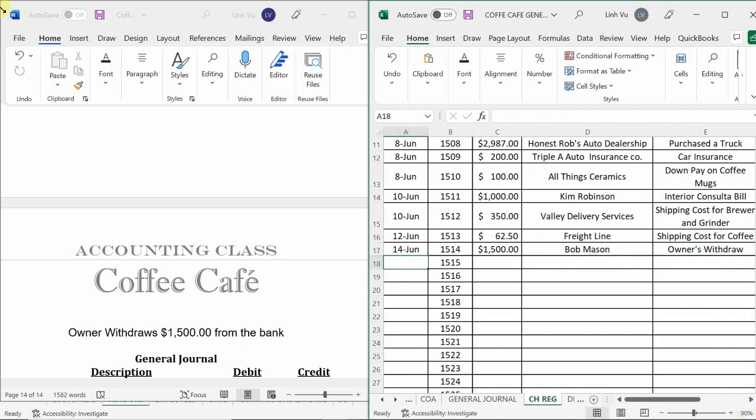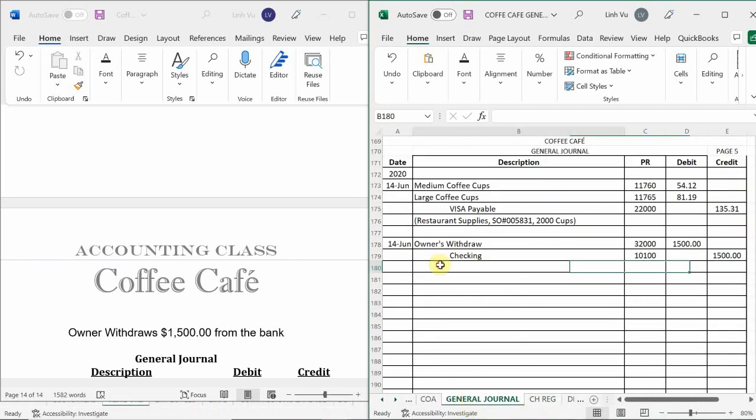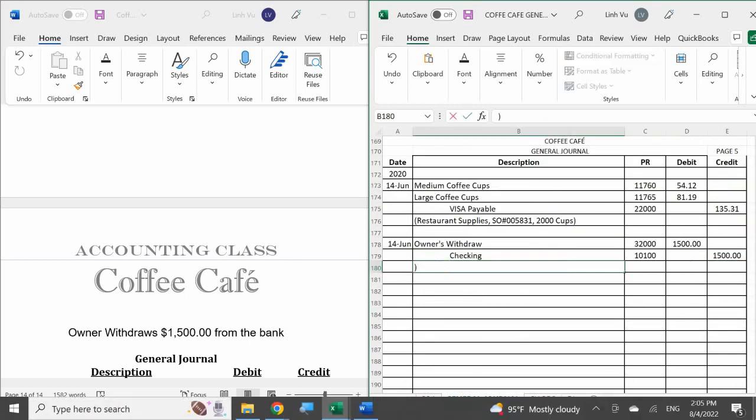So there you go, you have check number 1514. So let's go ahead and put this in here. We have an owner's withdrawal from the company. Proof of that is check number 1514.